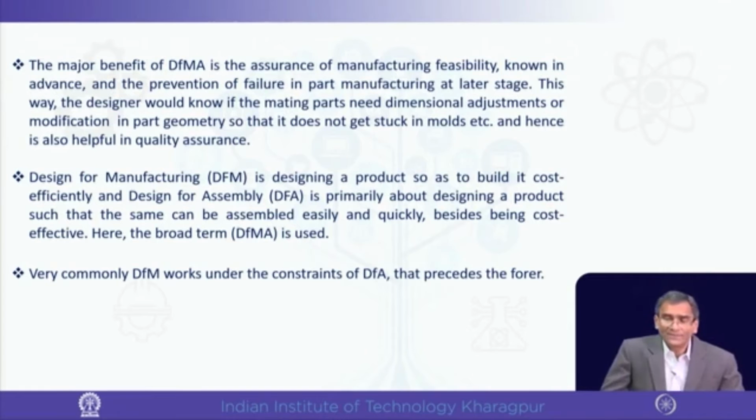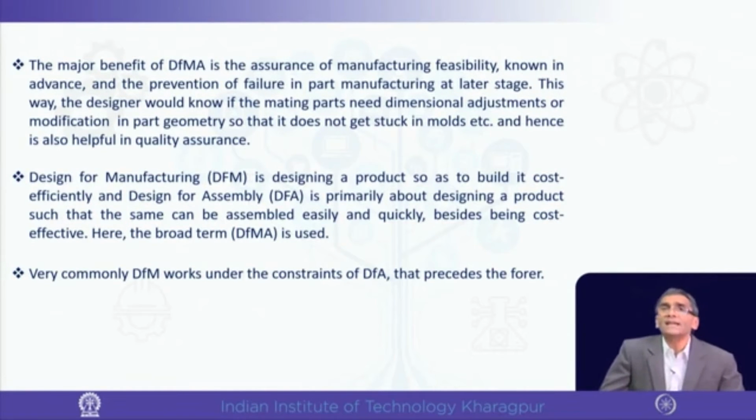Design for manufacturing is designing a product that can be built cost effectively and cost efficiently, and that is what we normally hear as design for X. X is the variable: when we talk about design for reliability, it is DFR; design for environment, DFE; design for quality, DFQ.